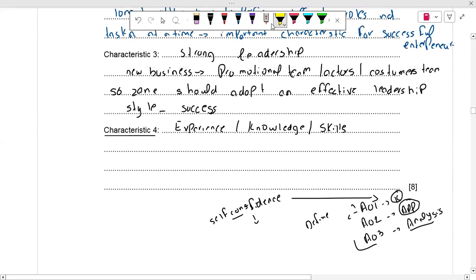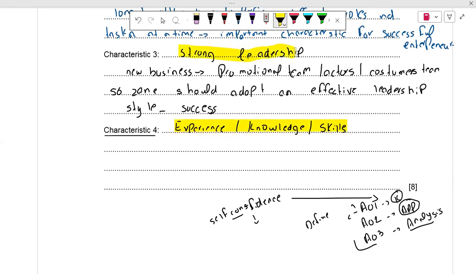So basically, when you are writing experience, knowledge, and skills, and strong leadership, what does it mean? You are gaining your knowledge point marks.